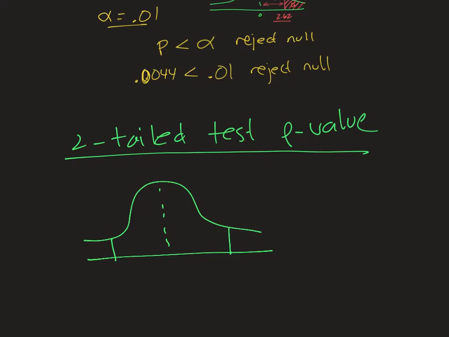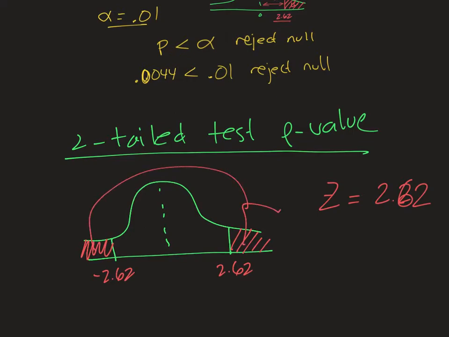Earlier we said that we would use a z-statistic from step 5, which is 2.62. And purely because it's a two-sided test, we also have to do the reflection on the other side of the distribution, the other 2.62, which is on the negative side. So the p-value is in fact the sum of those two parts.